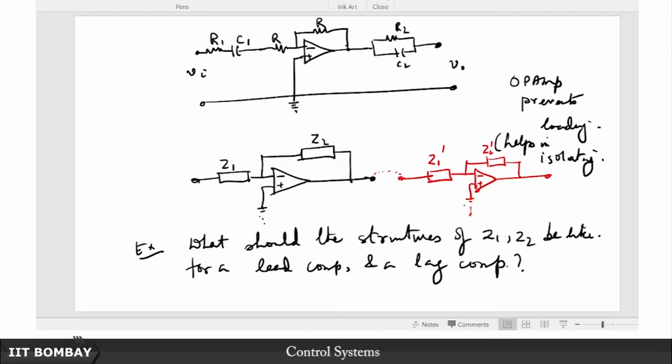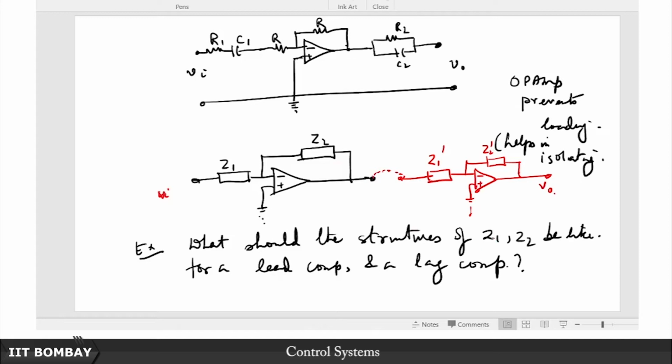So, if you join this connection, then you will see that if this is your Vi and this is your Vo, if one part is the lag part, the other part is the lead part, it does not really matter which is ahead of which, right. So, then this combination of these two cascaded together like this gives you a lag lead compensator.